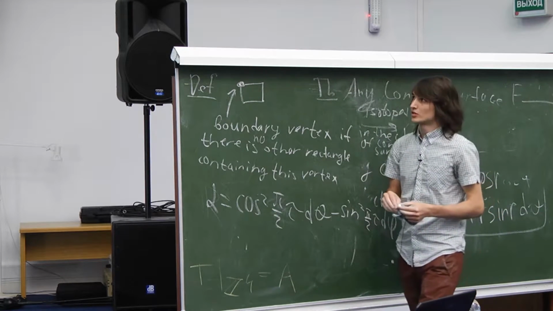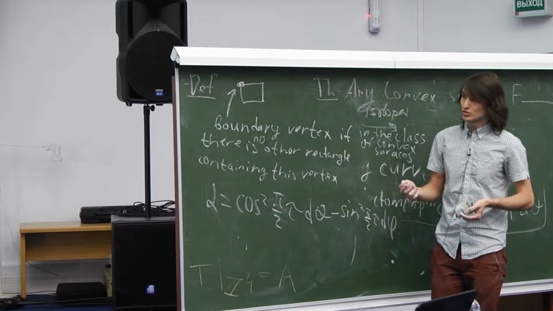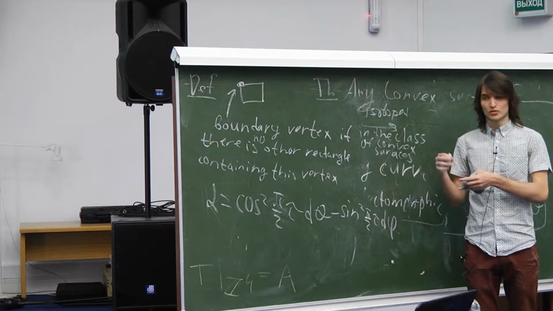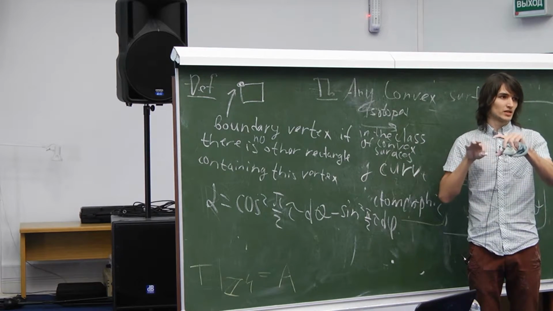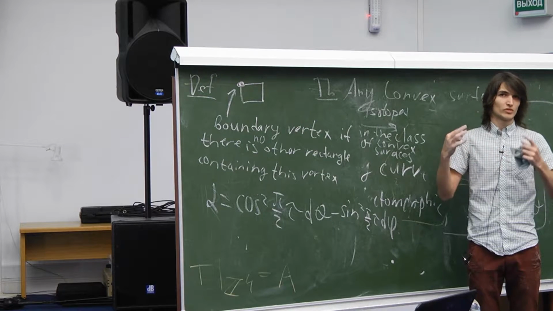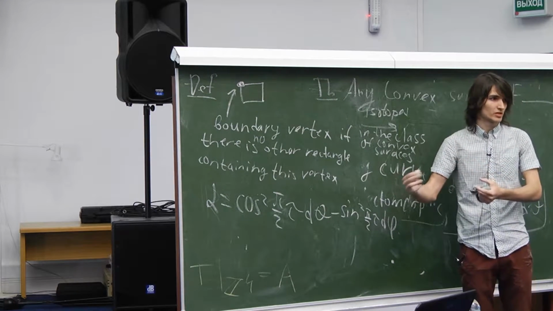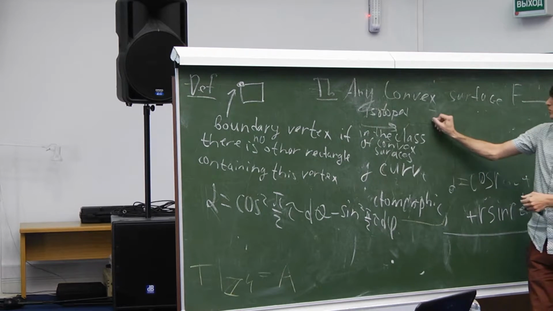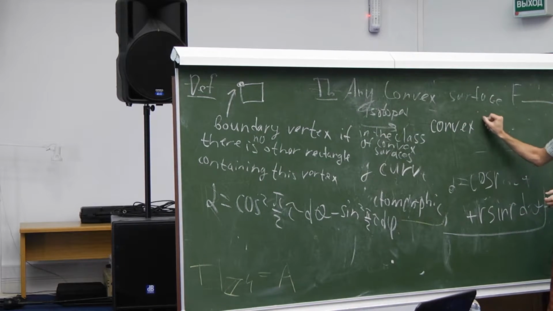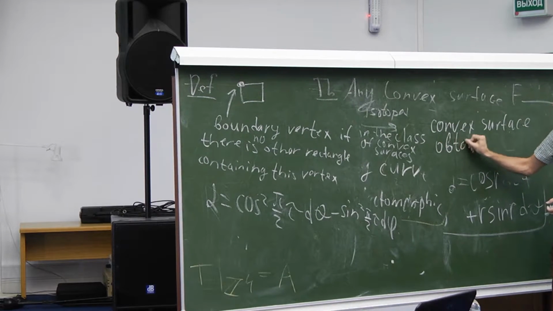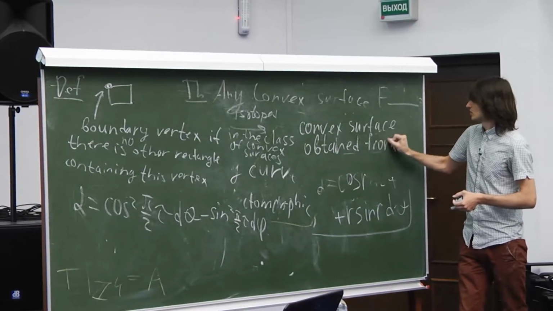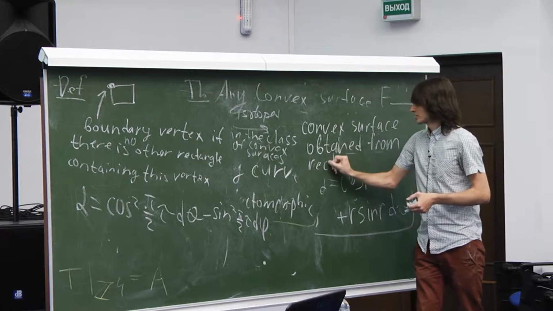You obtain a closed surface if there are no boundary vertices, that is, if every vertex of a rectangle is a vertex of some other rectangle.